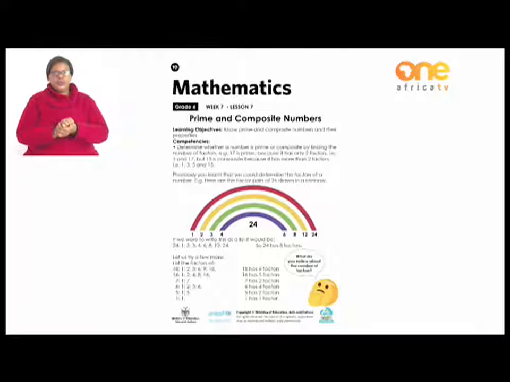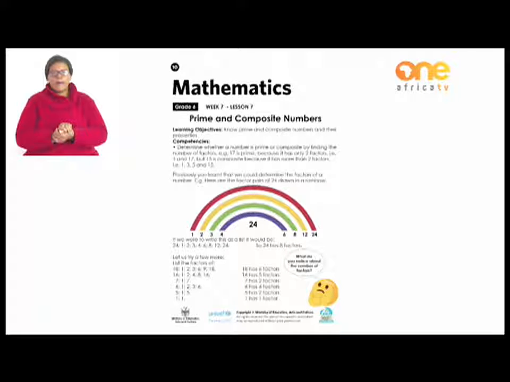If you can remember this work, if we have the number 24, for example, 1 and 24 will be factor pairs. Both of them are in the red color of the rainbow, and 1 multiplied by 24 gives you 24. The next factor pair is 2 and 12, and 2 times 12 also gives you 24.